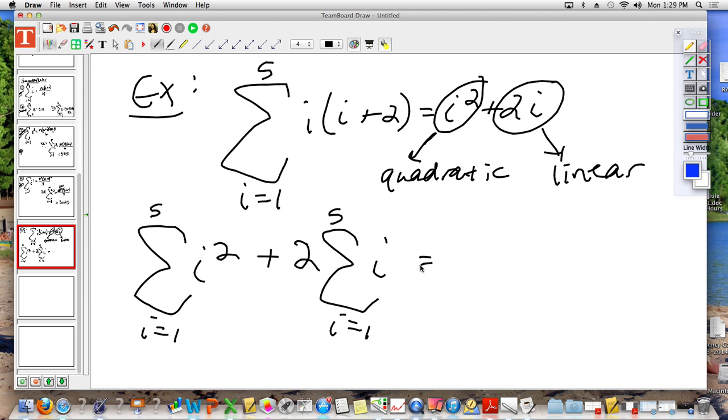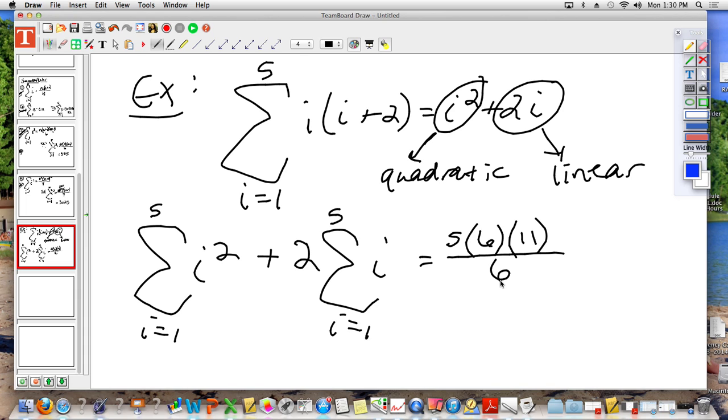All right, so what is n? In this case, it's 5. So we're going to do 5 times n plus 1, which is 6, and then 2 times n plus 1, so 2 times 5 plus 1, which is 11. And then we divide it by 6.